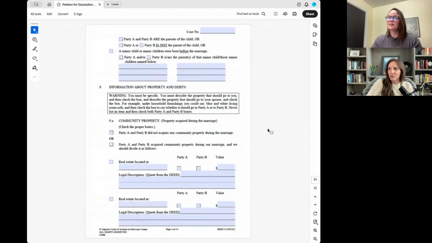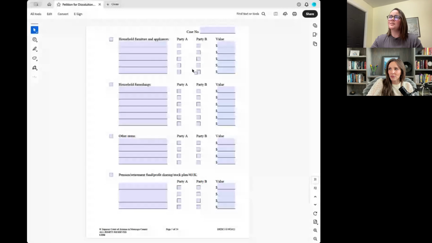So you'll list information on properties that you have acquired in the marriage. Maybe you have a primary home and you have a cabin or some second home somewhere that you acquired during a marriage. You can list all of that. It's asking about any household items. This one trips people up a little bit because a lot of the time by the time a petition is filed, the parties are already separated, they're already living separately, they've already taken possessions that they really want to their separate places.